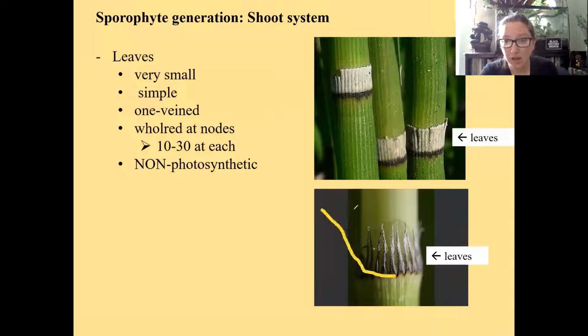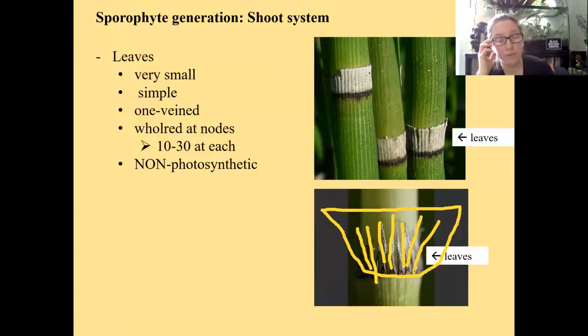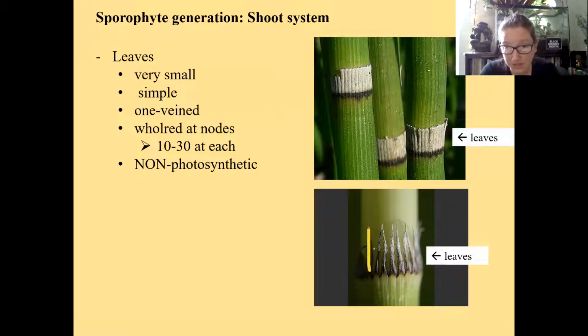This would have been one leaf, and all of these would have been its veins way back in the day. But because of different selection pressures, having a big leaf like that didn't work out well for the horsetails. And so they eventually lost all the lamina and basically have only the veins left, such that these are now what we call the leaves.